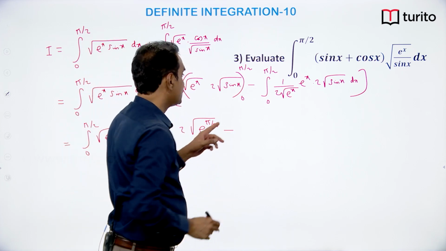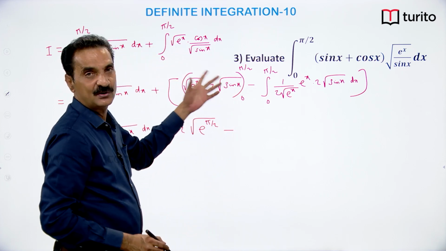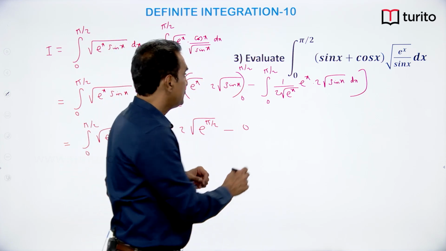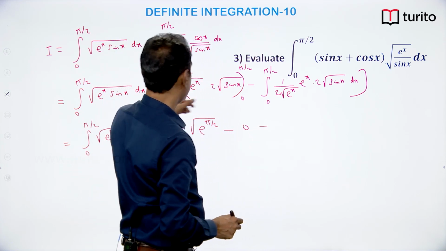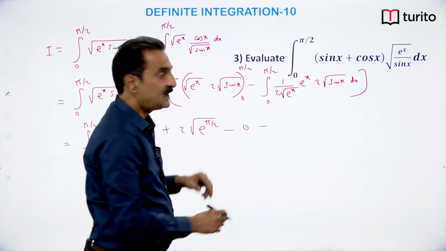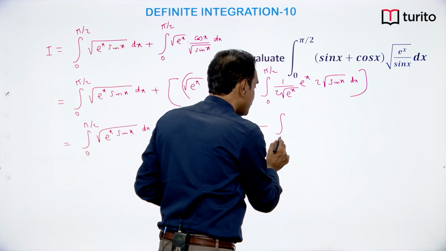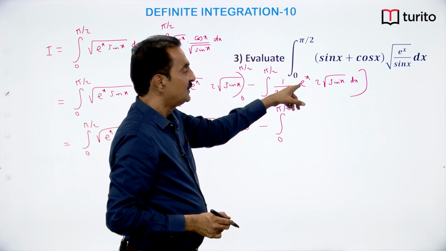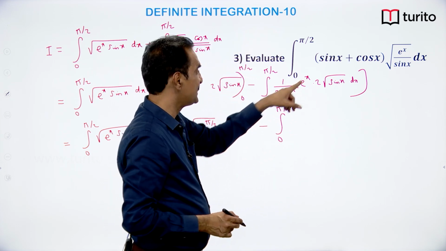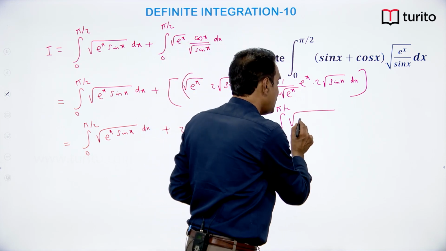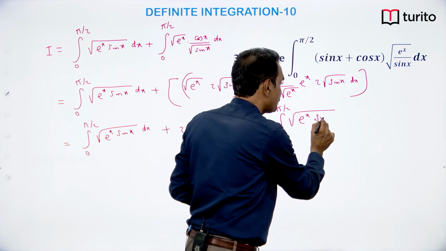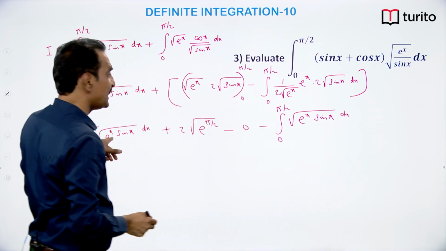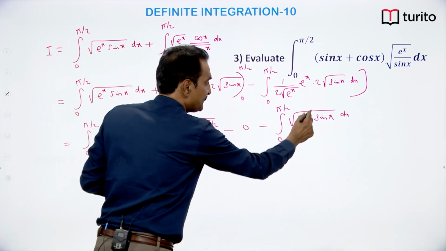Next, minus substituting 0, sin 0 is 0, so it is completely 0, minus plus into minus minus integral 0 to pi by 2. What is this? Root e power x cancels, 2 cancels. So, remaining will be root e power x into sin x dx. See, you do not need to calculate this, it is cancelled.